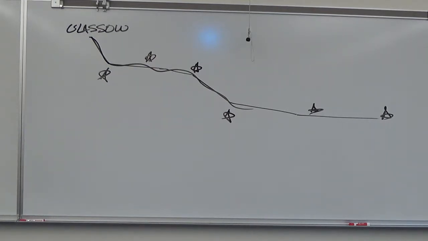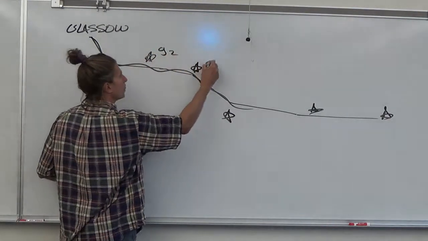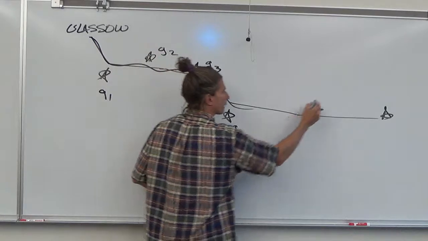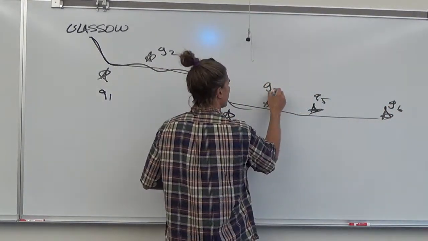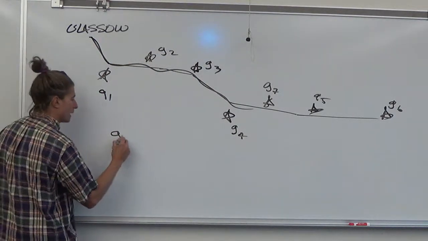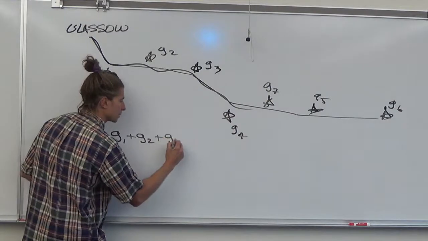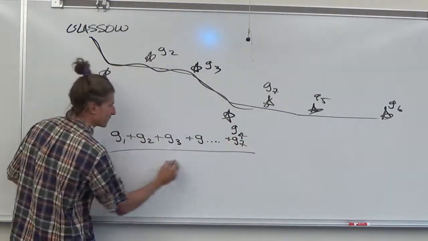Great question is, we'll call these grade 1, grade 2, grade 3, grade 4, grade 5, grade 6, and let's put one here and call it grade 7. Why can't I find the average grade by just going grade 1 plus grade 2 plus grade 3 up through grade 7 and dividing by 7?